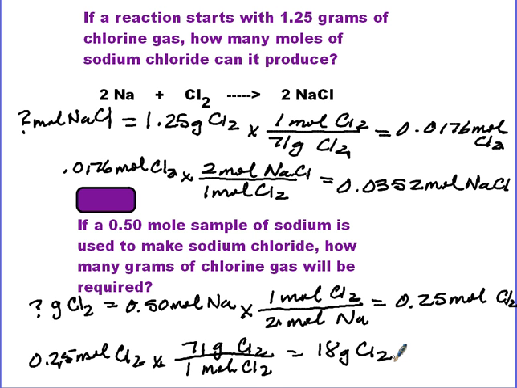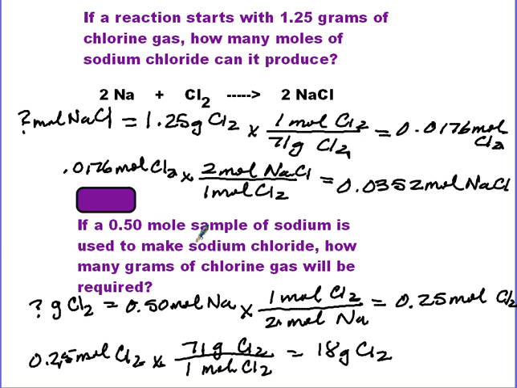Okay. Well, while you were away, I took the chance to scribble out my work here. It's a lot. Let's see what I did. Up here, I was switching it from sodium chloride to chlorine gas. I started with grams of chlorine gas, so first I had to change it to moles, and then I could use my molar ratio to convert it into moles of sodium chloride.